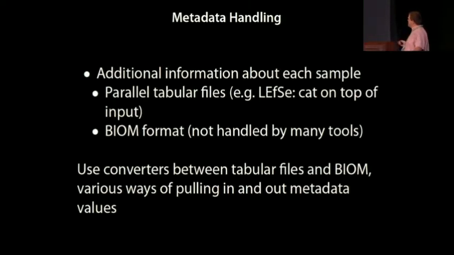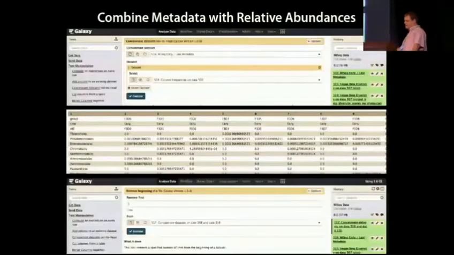This is not handled very well in a lot of tools, as each tool has its own way to define the metadata and how to combine it. There is a nice format called the biom format that does a good job of integrating the metadata directly in with the counts in a relatively sane fashion. And we have converters that will allow you to convert between tabular files and biom data.